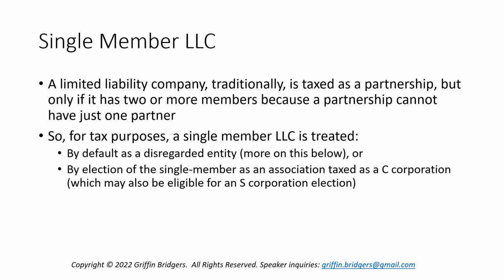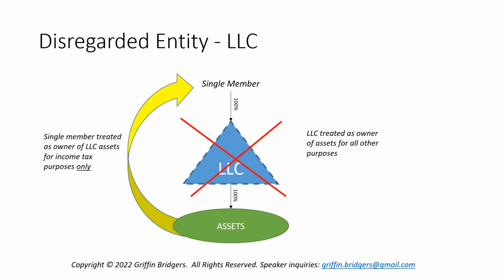And once you make that election, the single member LLC may also be eligible for an S corporation election. Now, this last series of elections isn't really the focus of today's conversation. We're going to focus more on this default rule and assume that a single member LLC is a disregarded entity.